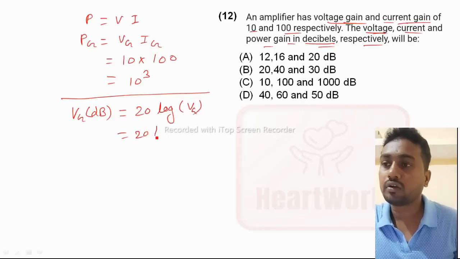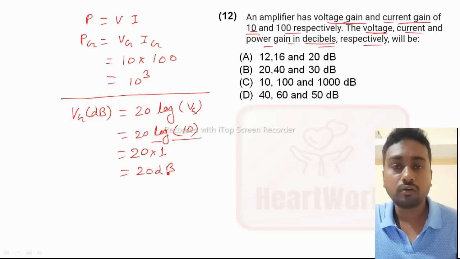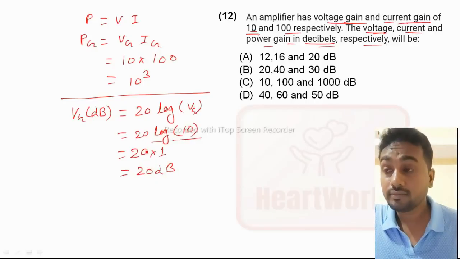The voltage gain is given as 10, so 20 log 10. The value of log 10 is 1. So 20 into 1 equals 20 dB. This is the voltage gain in decibels.